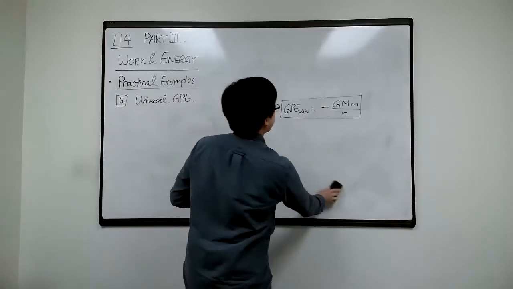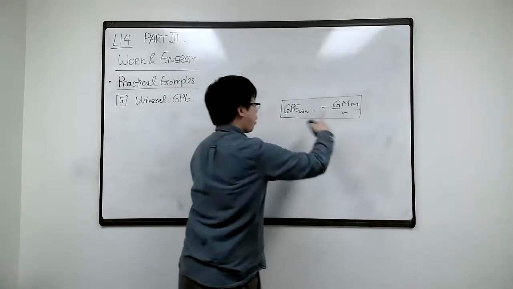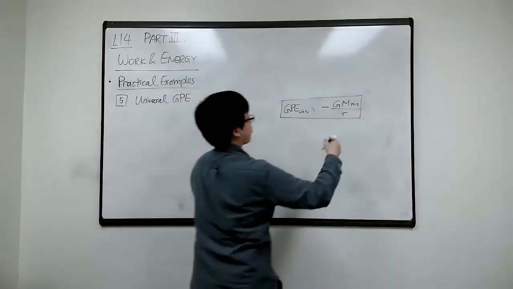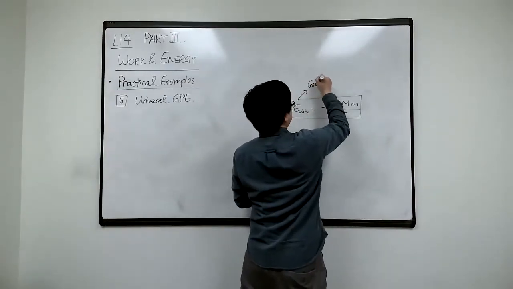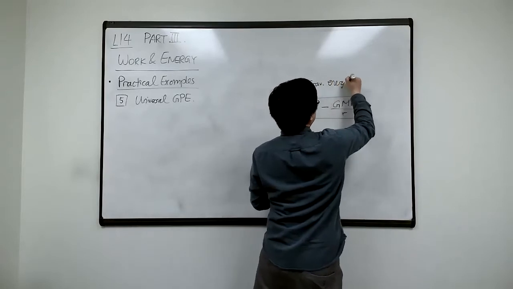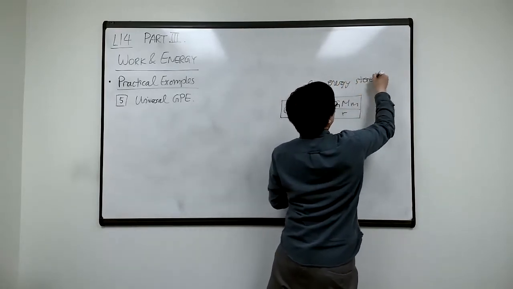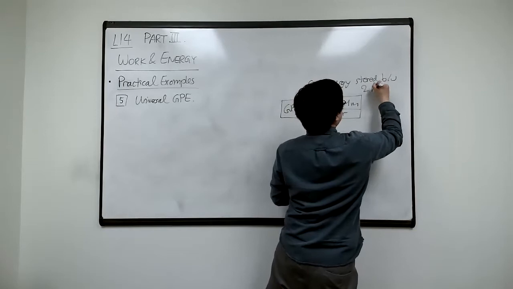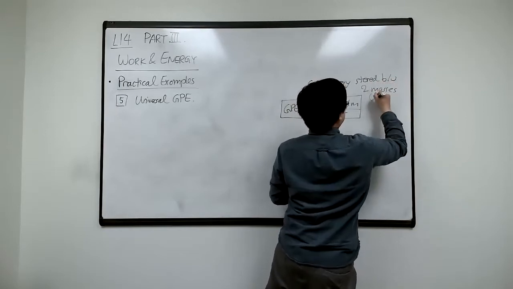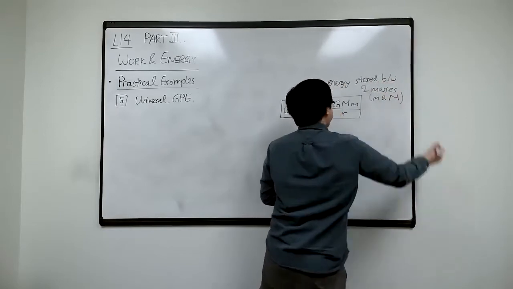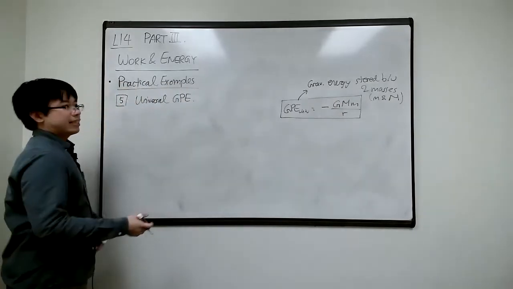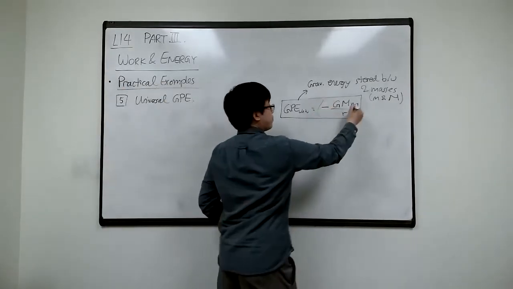This is the universal gravitational potential energy of a system. This is the gravitational energy stored between two masses, M and m. It's this value with a negative sign.